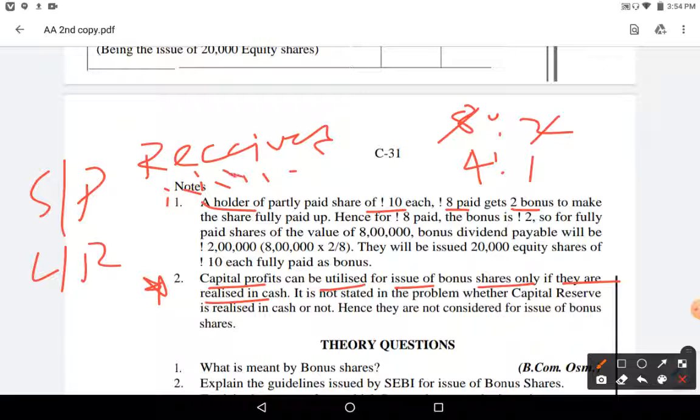This is irritating a little bit. So it is assumed that it is not received. It is not stated in the problem whether capital reserve is realized in cash or not. Hence, they are not considered for the issue of bonus shares.